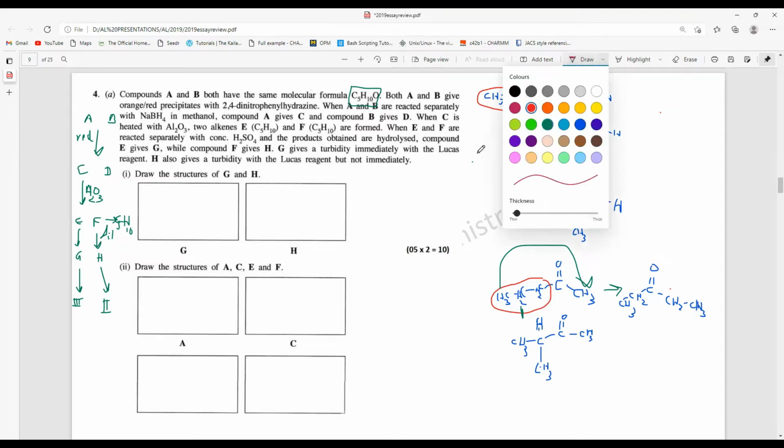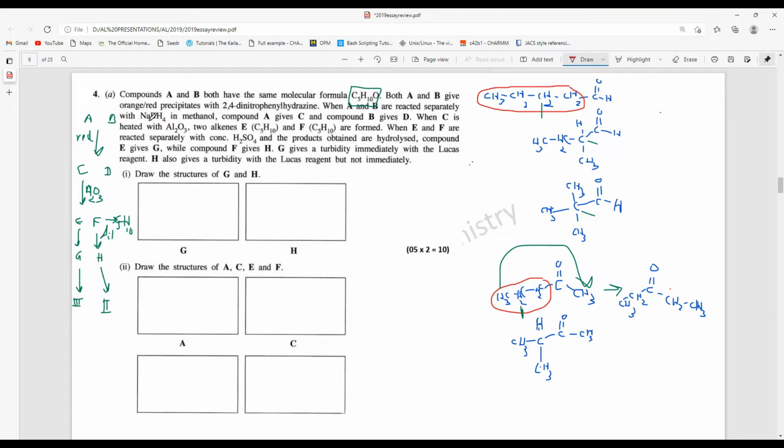Then let's move forward a little bit. You add sodium borohydride and methanol and you reduce this. So this would give C and D, but we still don't know what A and B are here. But if you reduce this one here, this terminal CHO will now be CH2OH, attached to this CH2 chain.